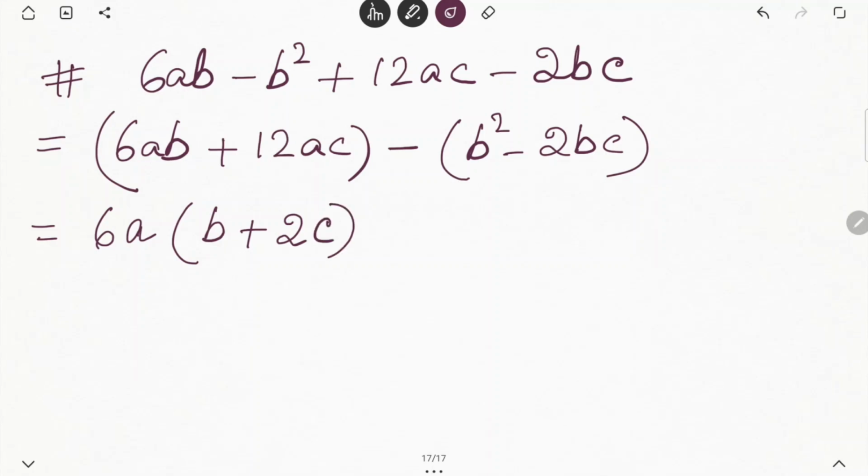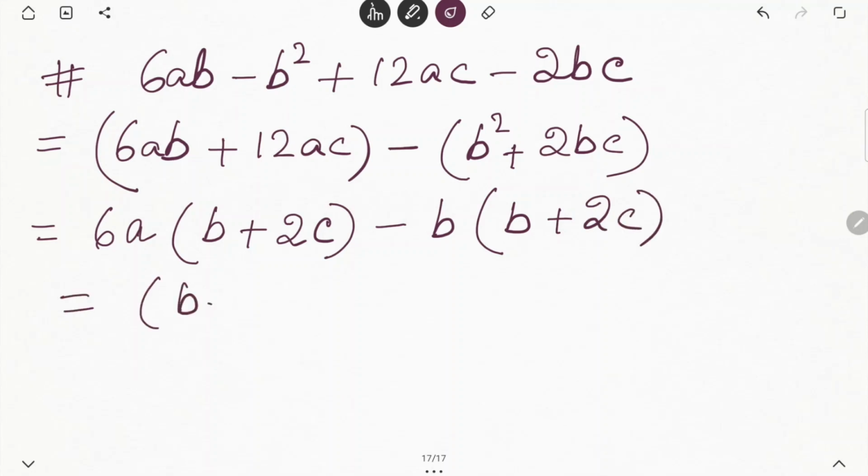So c is left. Now here what can I take out common? I can take out b common. So what is left behind? Sorry, this will be b + 2c.